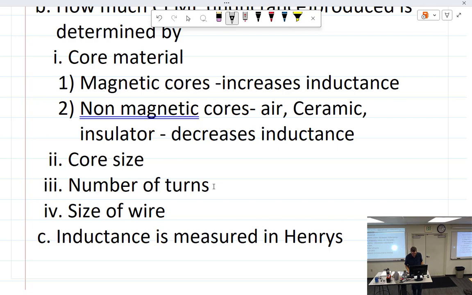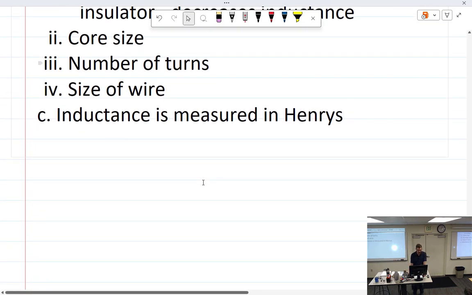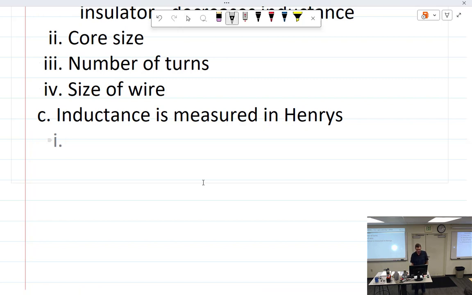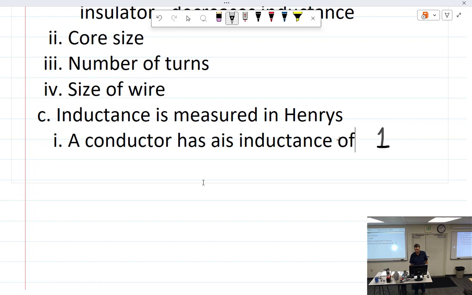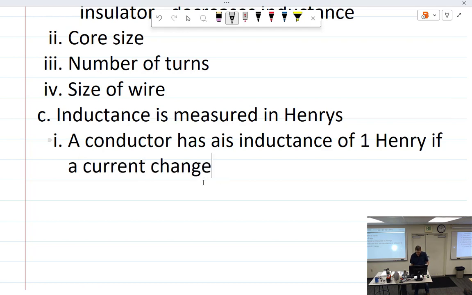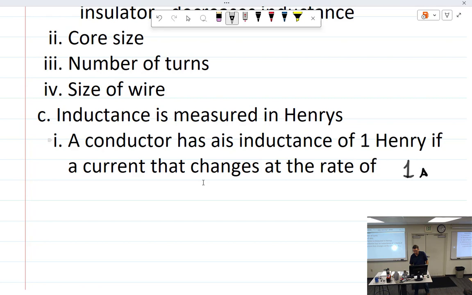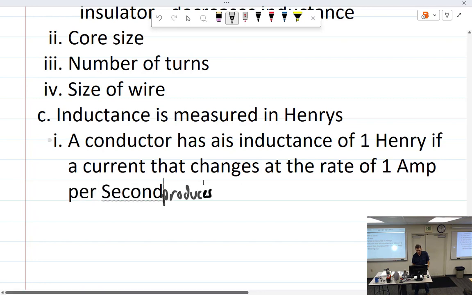A henry is defined as: a conductor has an inductance of 1 henry if a current that changes at the rate of 1 amp per second produces a CEMF of 1 volt.